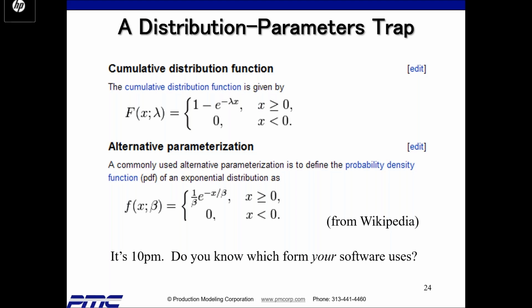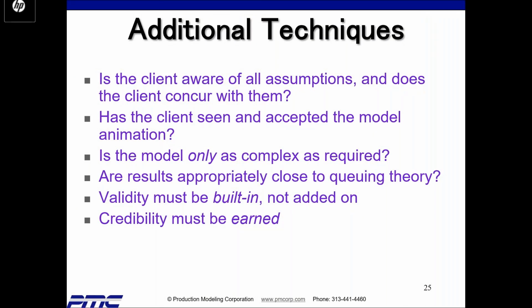You'd better know for sure which one is where. If the statistical software is using one, the simulation software is using the other, and you don't allow for it, disaster. The allowance is easy, it's easy to go back and forth, but you'd better be aware of the danger.